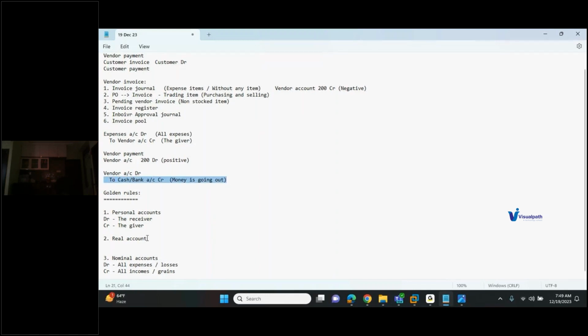Now, real accounts. What is this real account? Debit what comes in, credit what goes out. Okay, what goes out? This is personal account.